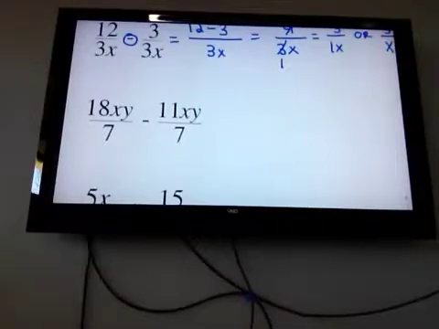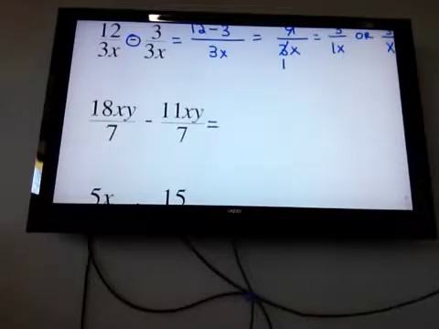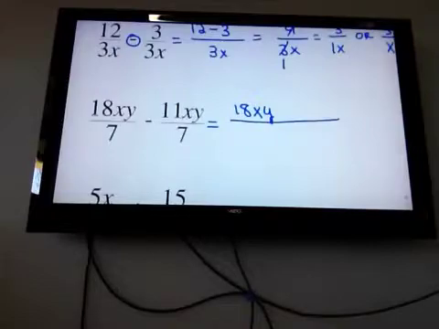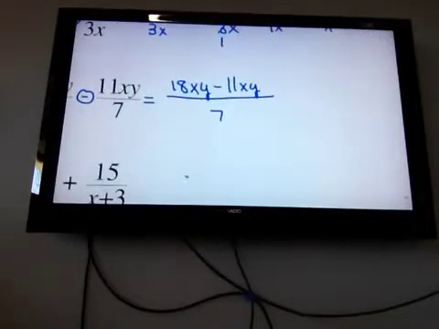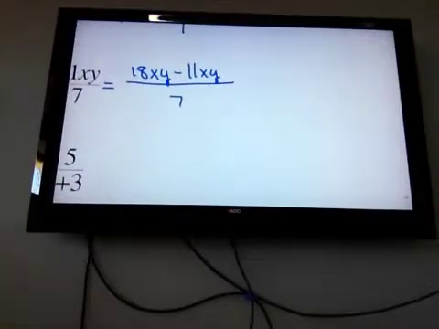All right, second example. Write it as a single fraction first. So 18xy minus, again, 11xy over 7. Get it written as a single fraction first, and then 3 steps in order: add, factor, reduce.